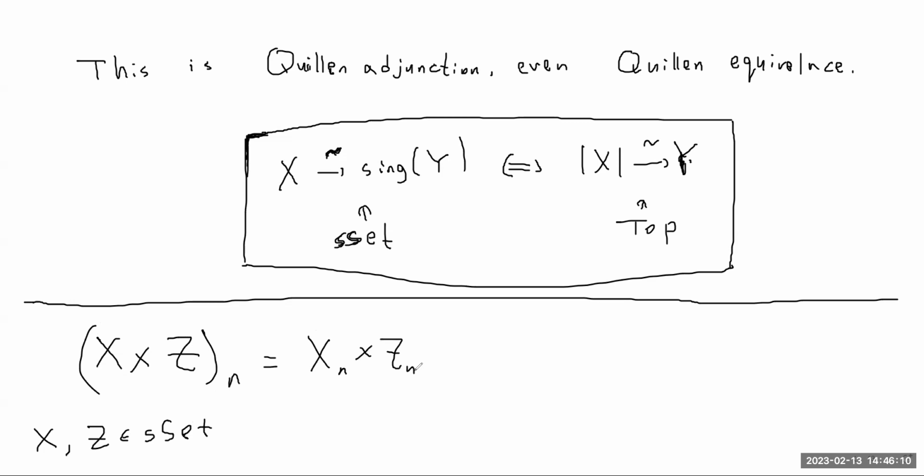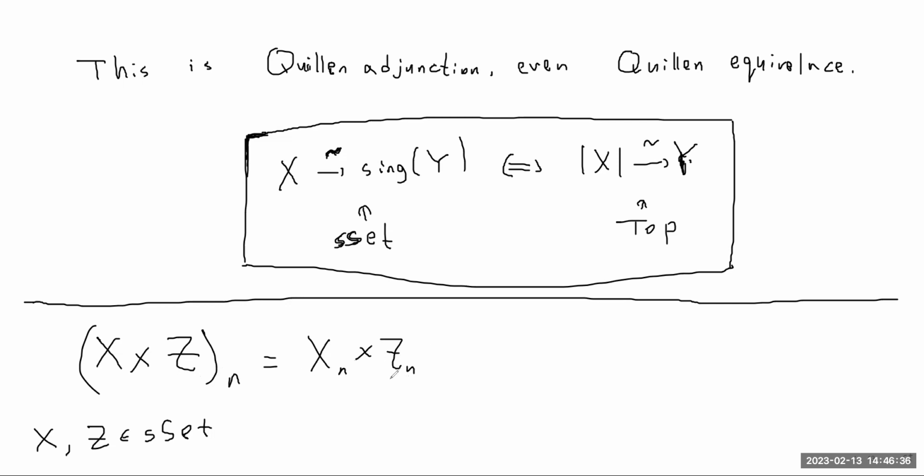Okay, what happens if I have a one-simplex and a three-simplex? The product of them has to give me a four-simplex, right? We imagine, like, I have an edge and a triangle, I take the product, and it gives me something of higher dimension. But because there is the degeneracy, this is what happens.